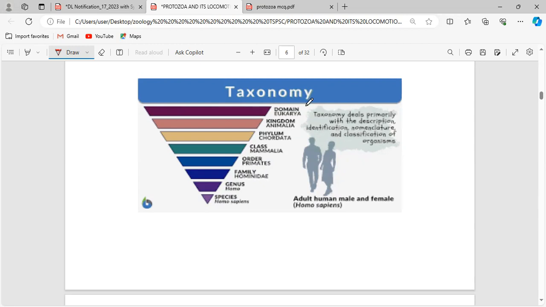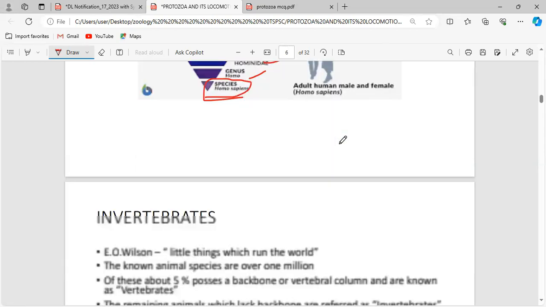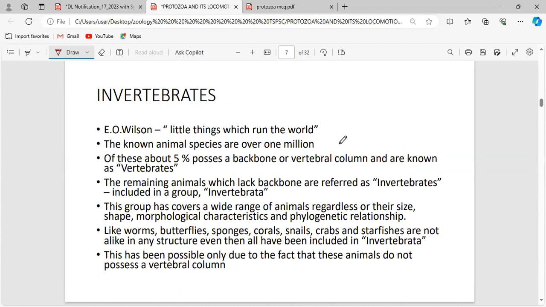Why are you thinking for the simple question? Domain is Eukarya, kingdom Animalia. In that many phyla are there, in that many classes, in that many orders, many families. In that, one genus contains many species, and that species is considered as the basic unit in the hierarchical taxonomical classification. Okay.